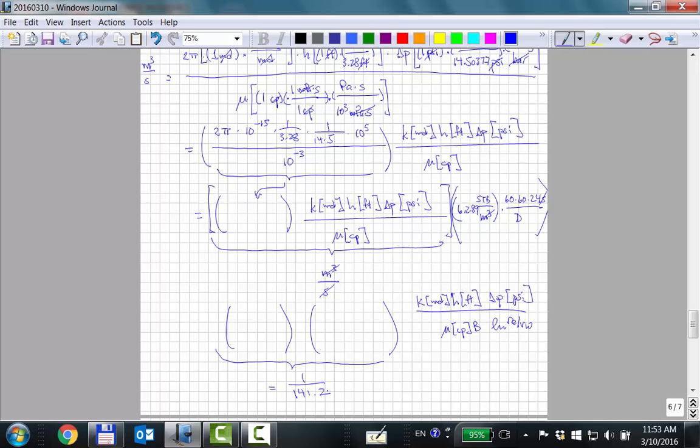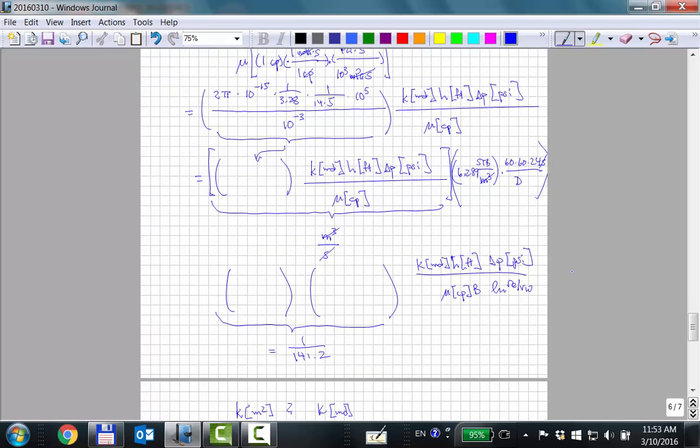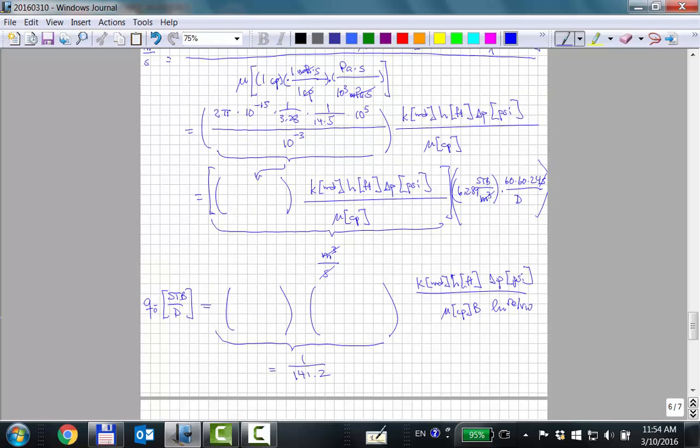Okay, so that's where you get that constant. And that's giving us Qo in stock tank barrels per day. Okay, so it's a little bit messy, but you've done it with one, then if you understand this, then you can do it with any other.